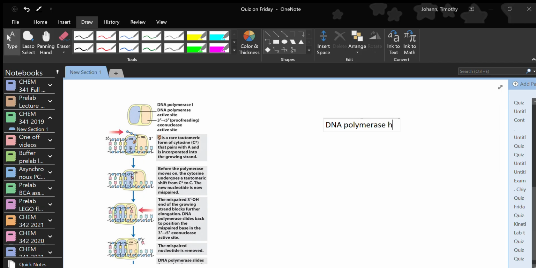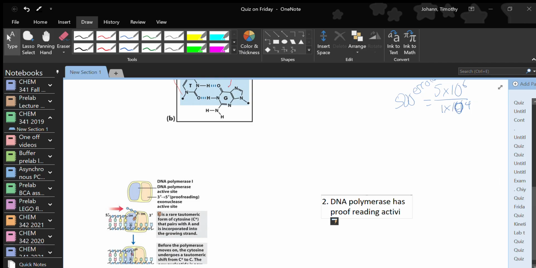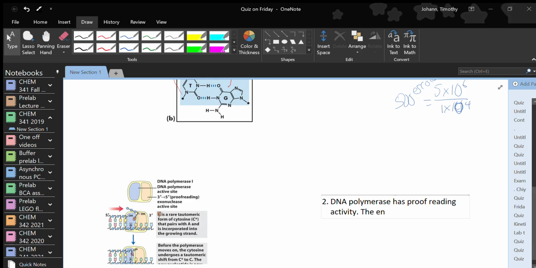This slows it down, but what it does is it adds a base and then it backs up, and it has 2 active sites.